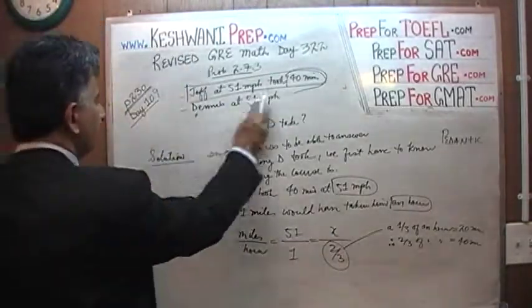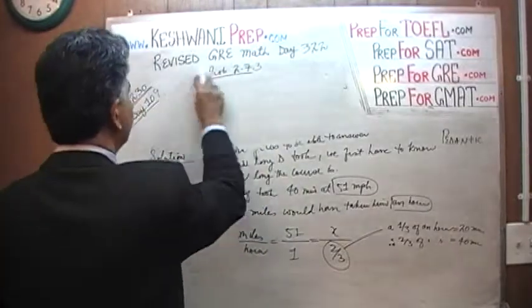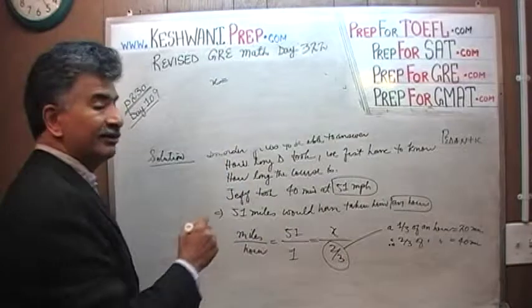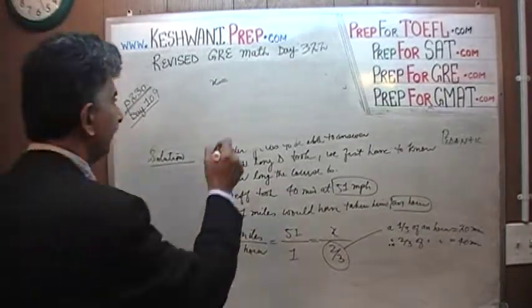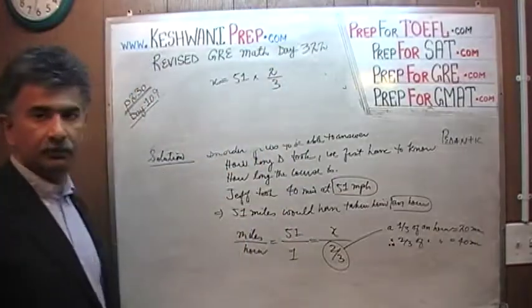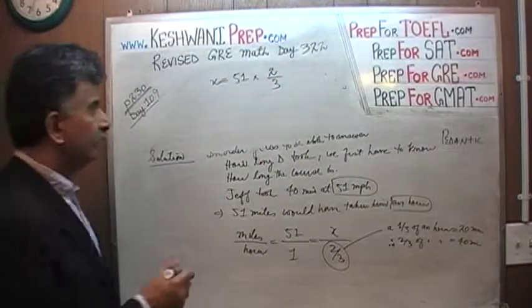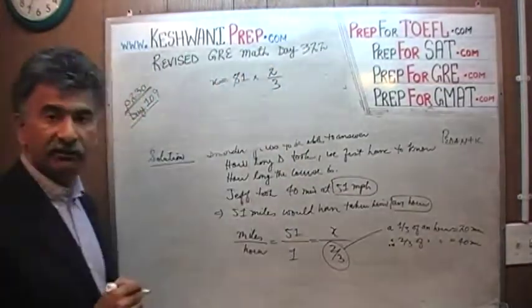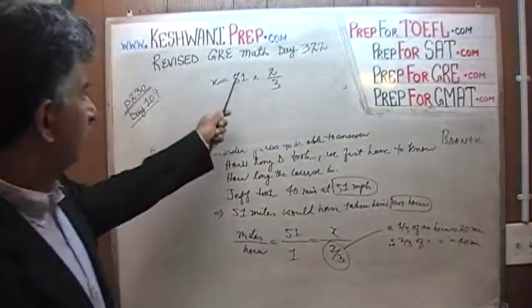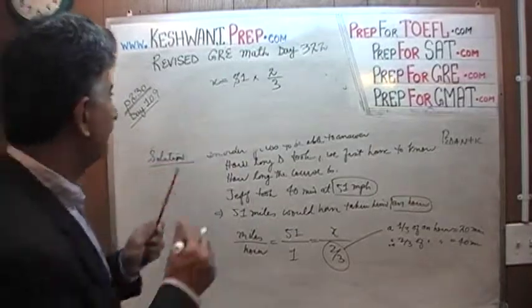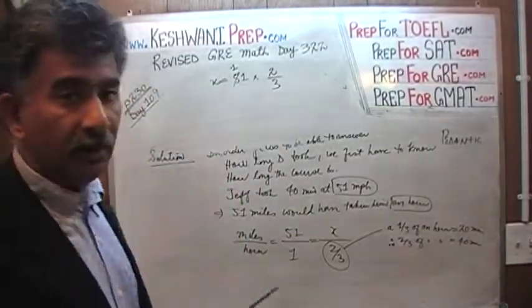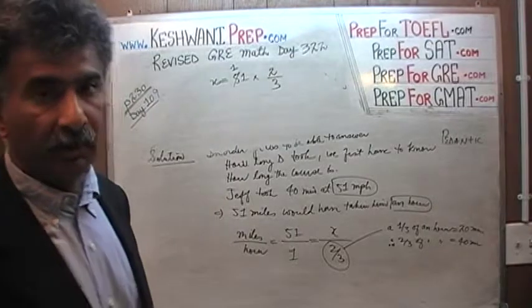So 1 times x is just x, and therefore our x, which is the length of the course, equals 51 times 2/3. Let's divide top and bottom by 3. How many 3's in a 5? 5 has 1 3. The remaining 2 joins the 1, becomes 21.